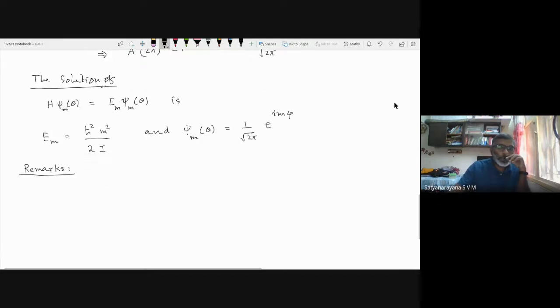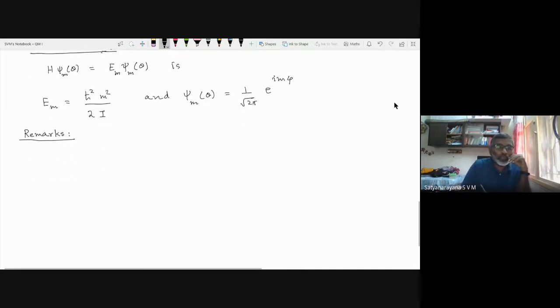So the first remark is with respect to notation. Here m is a quantum number, not mass. And we are not using mass here.